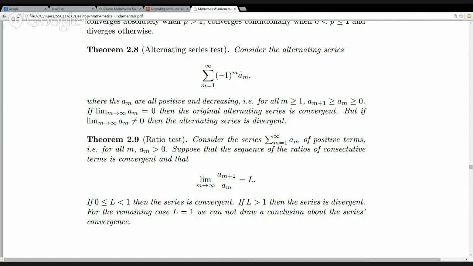Having minus 1 to the power of either m or m plus 1 produces the alternating positive and negative sign, because an integer power of minus 1 is either going to be plus 1 or minus 1.